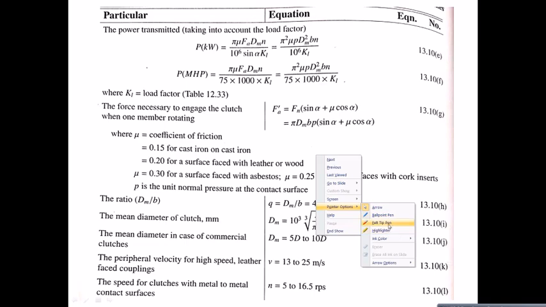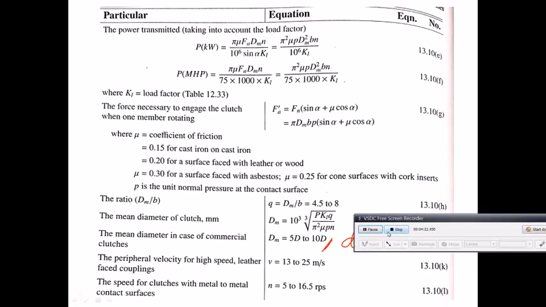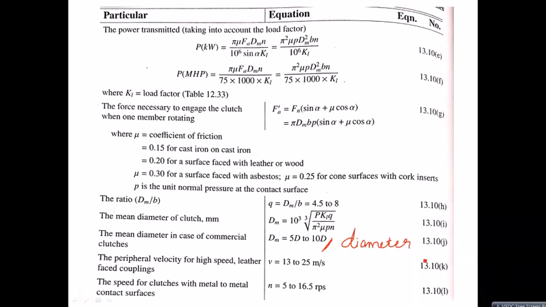Here d is the diameter of the shaft. You need to calculate the diameter of the shaft first, and once you get the diameter, then you can select the mean diameter as 5d to 10d.